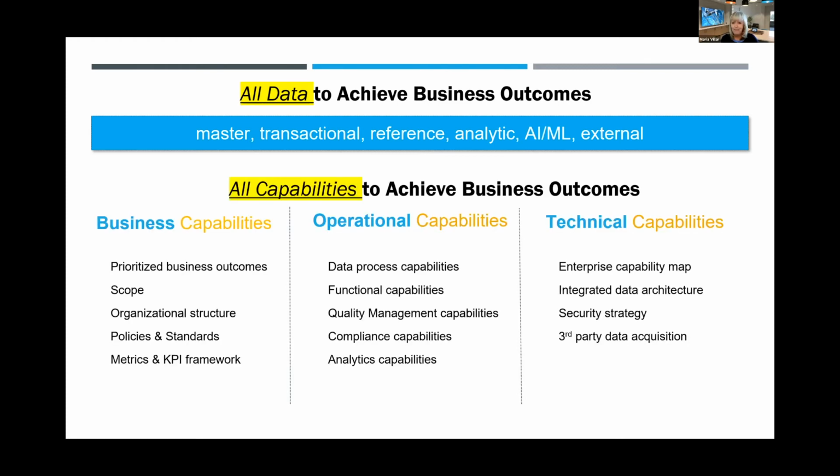And it's all capabilities. So it's not just the technical capabilities, but what are the business capabilities and the operational capabilities that you have to drive all around those outcomes, those collection of outcomes that you've prioritized? And by business capabilities, this is where you identify the organizational structure and the policies and the accountability model that you need.